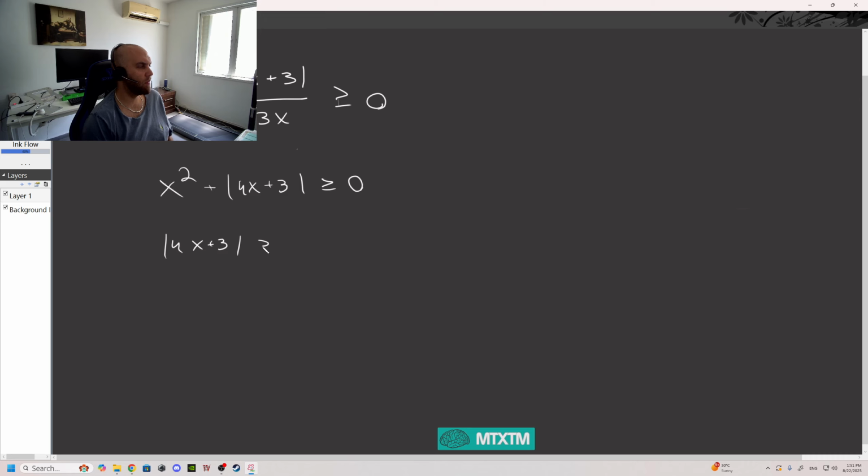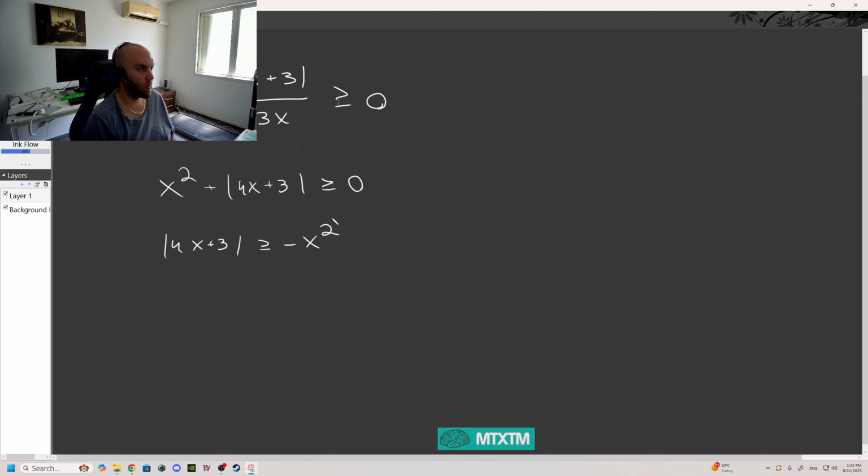And now we're going to move x squared to the other side and just leave the absolute value by itself. Now we're going to separate this into two different equations or inequalities to solve.